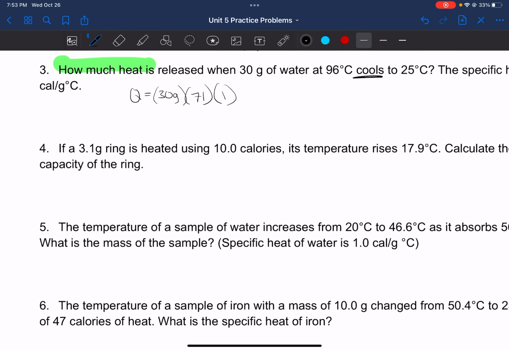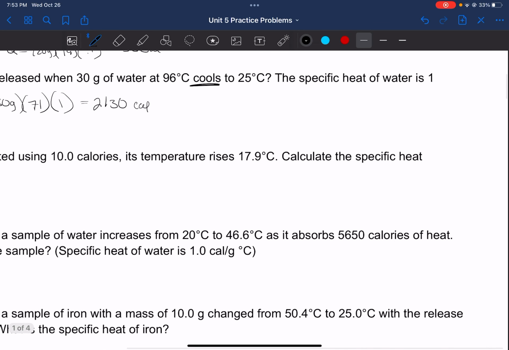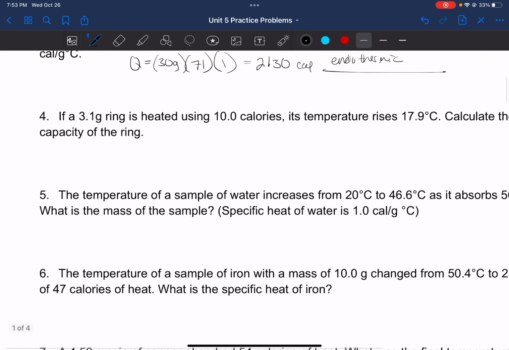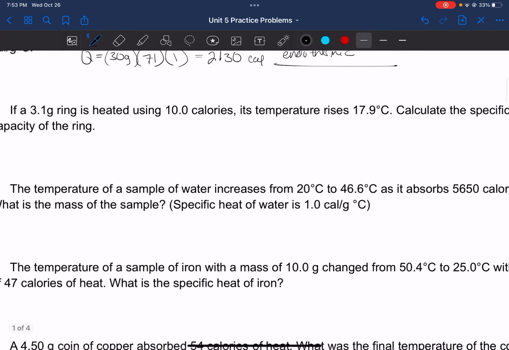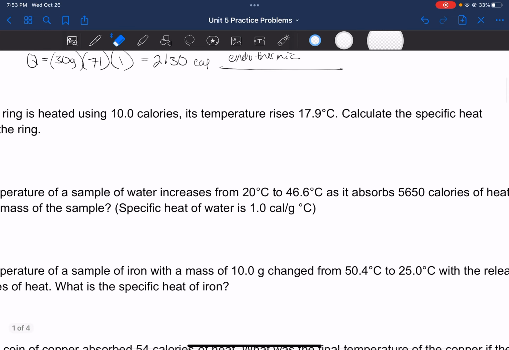So it'd be 30 times 71, which equals 2,130 cal. But interesting enough, this actual reaction is endothermic.